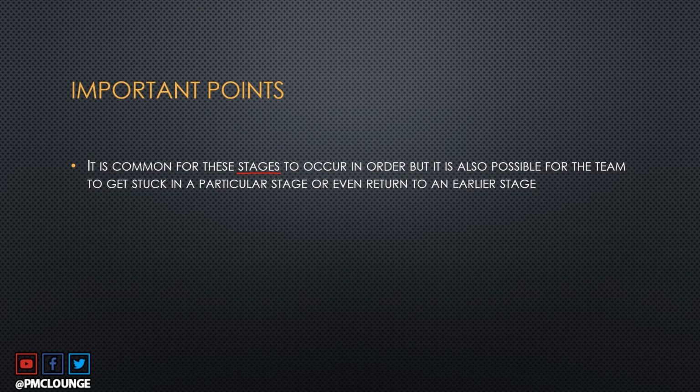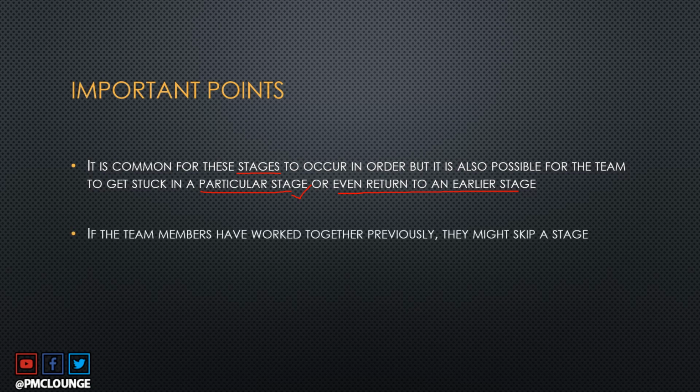But it is also possible for the team to get stuck in a particular stage or even return to an earlier stage, right? So it is not necessary that the team at the performing stage will never return back to the norming or the storming stage. It is also possible that the team is stuck at the storming stage, which is going to be disastrous for any project manager and the project.